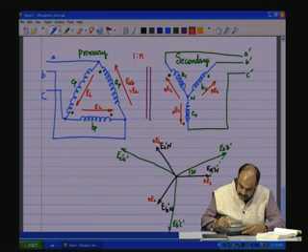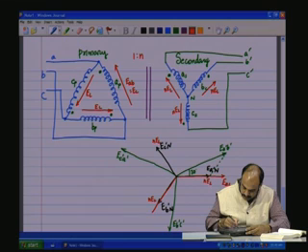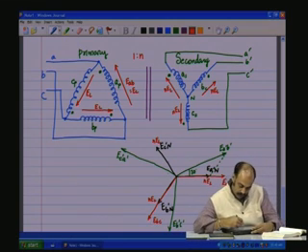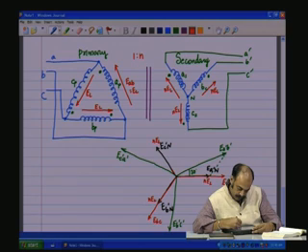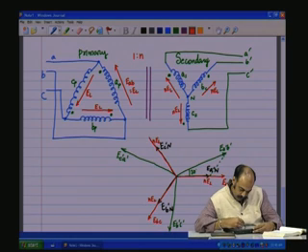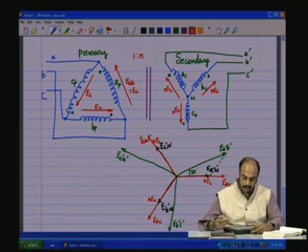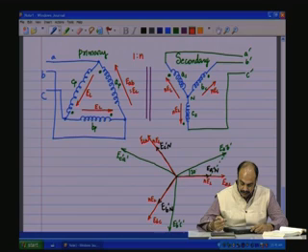So, let us say N is less than 1, and therefore, we have EAB, EBC, ECA of the primary circuit.